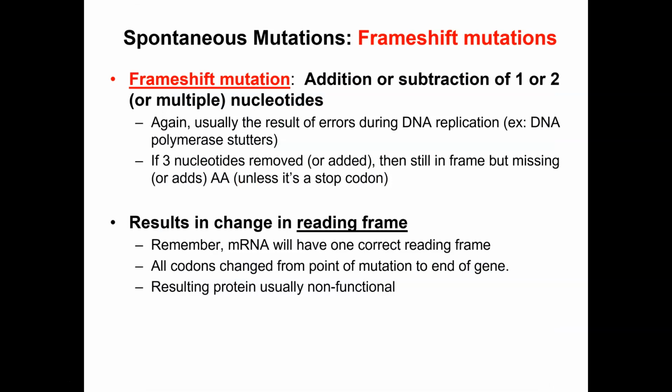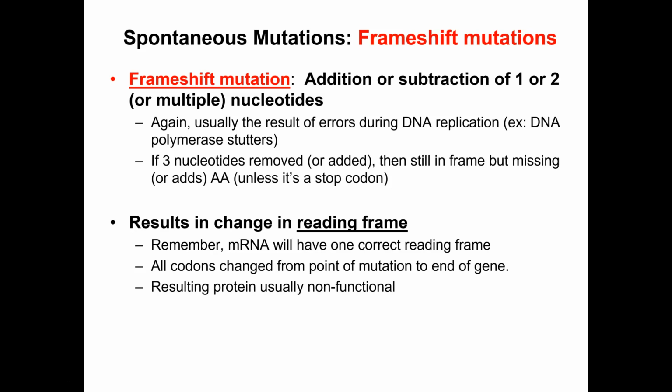Now, this one won't take me as long. The other mistake DNA polymerase may make, and this one's pretty unlikely, but again, it does happen, is a frameshift mutation. So this is how this works. DNA polymerase is reading and copying, and all of a sudden it stutters.